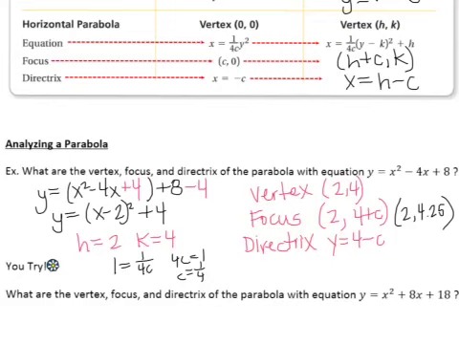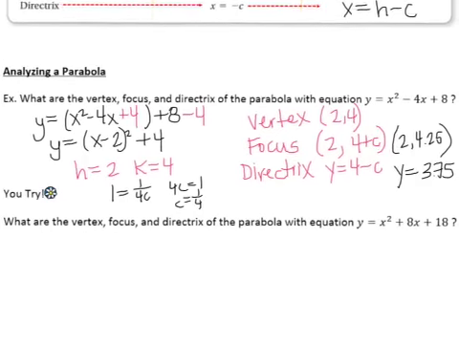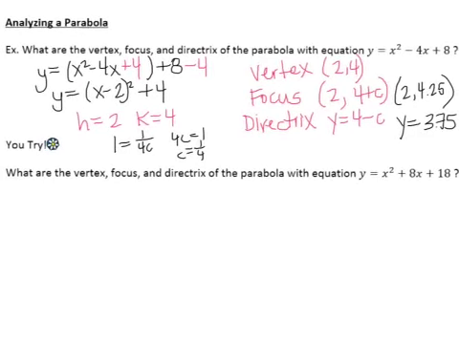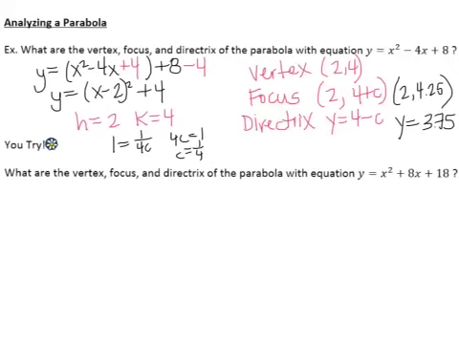It's the equation y equals 4 minus 0.25, which will be 3.75. Alright, so now you try. It says, what are the vertex, focus, and directrix of the parabola with this equation? Go ahead and pause it, and then we have one last slide.